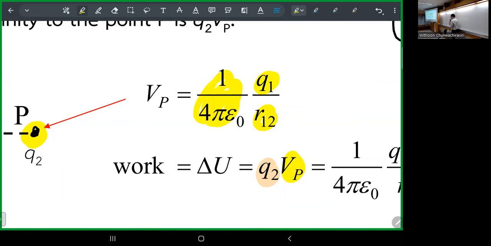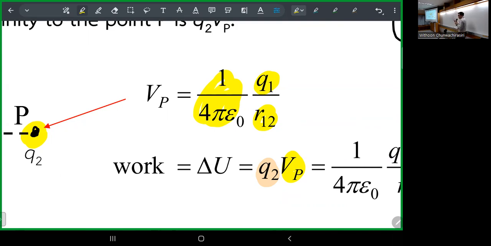Now reimagine: this is 0 electric potential, and over here is VP, the potential at point P. And this is my charge Q2. How much energy do I need to bring the Q2 from 0 to this VP? Q2 times VP, charge multiplied by the potential.